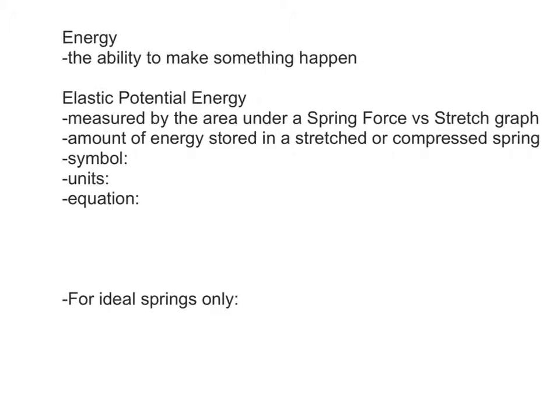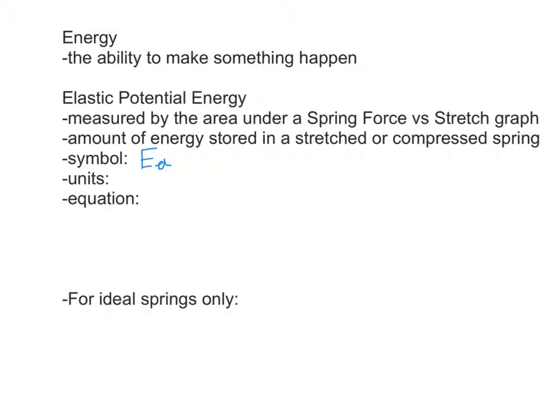So the first type, again, we saw from the spring lab, is elastic potential energy. And this is measured by the area under a spring force versus stretch graph. It's the amount of energy stored in a stretched or compressed spring. The symbol for elastic potential energy is a capital E with a lowercase el, so it looks like E_el.